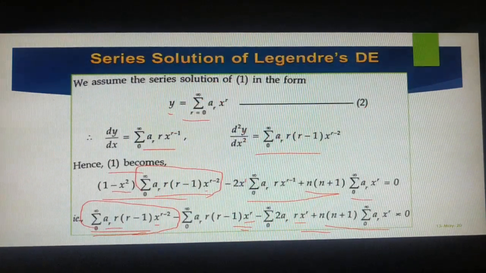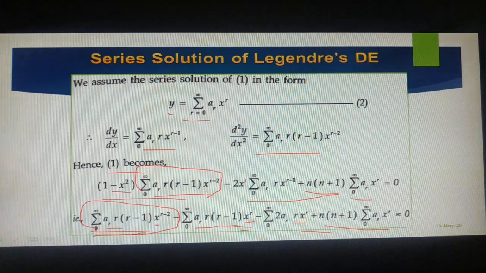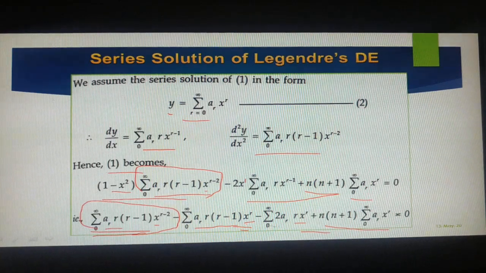So here, the coefficient of x power r: r into r minus 1 is the coefficient for x power r here, 2 a r into x power r is another coefficient, and here n into n plus 1 a r.